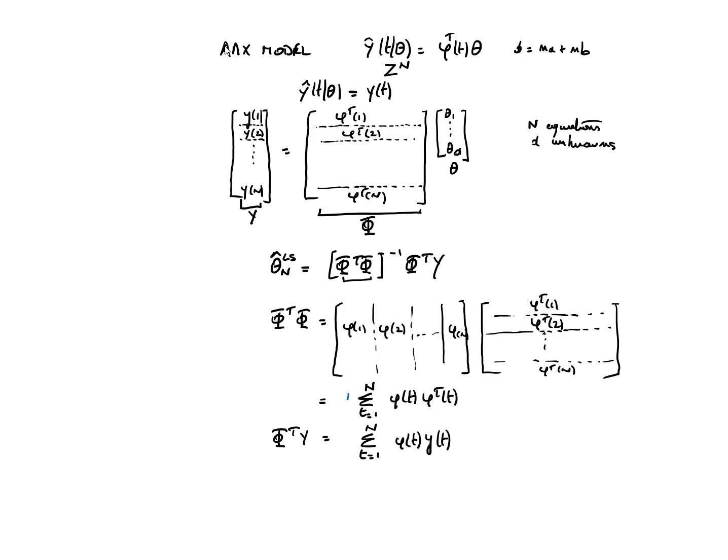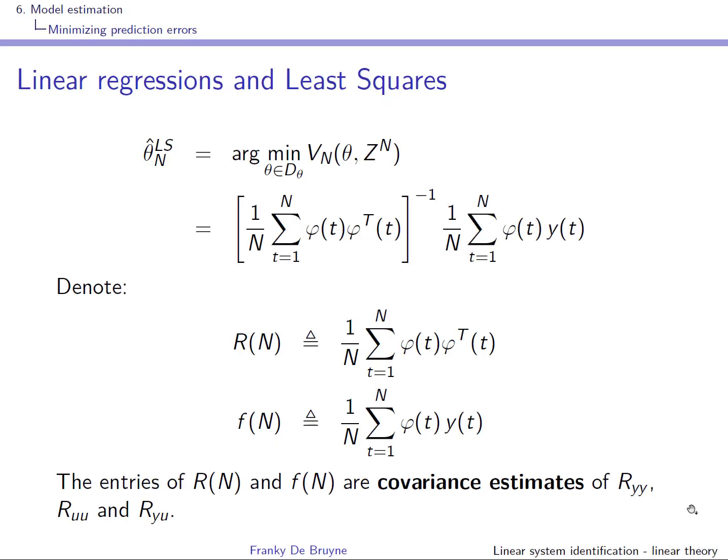You can put a 1 over n in the front over here. They will cancel out. So this is the estimate that we have obtained, so you can write it as Rn inverse fn, where Rn and fn are defined over here. So here you have to take an inverse.